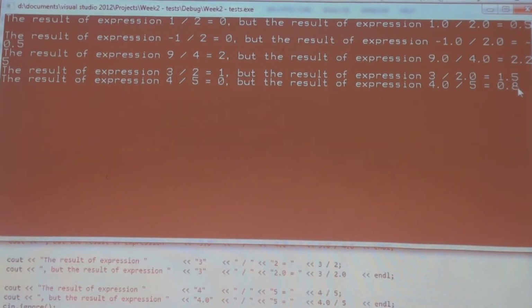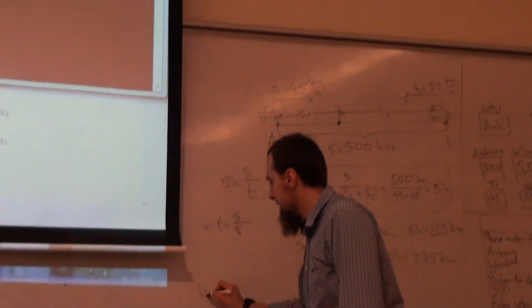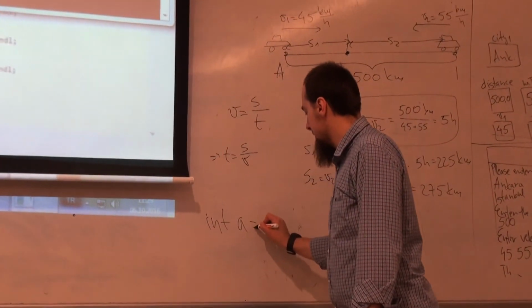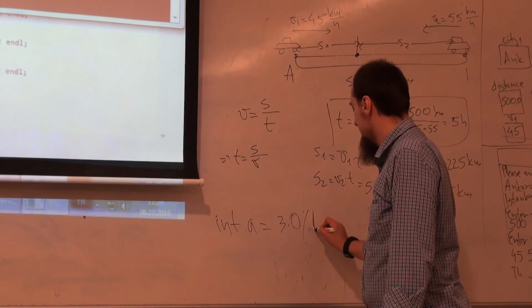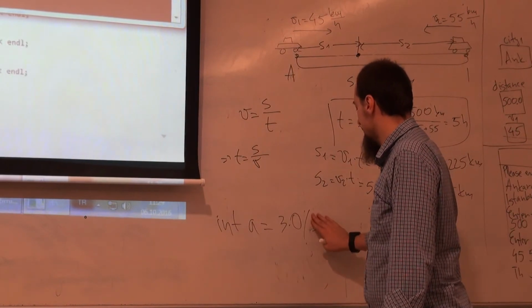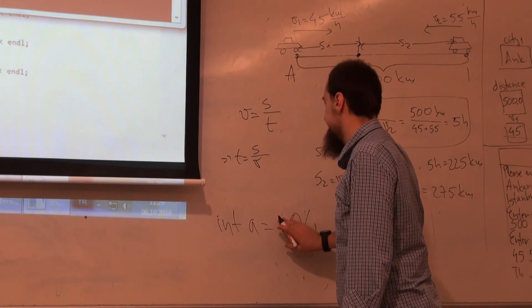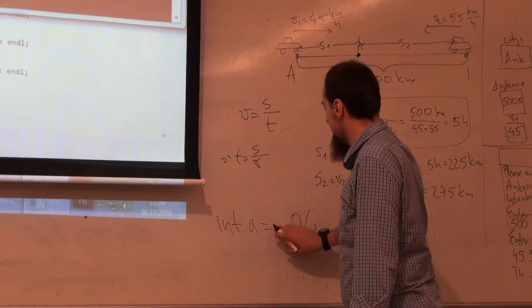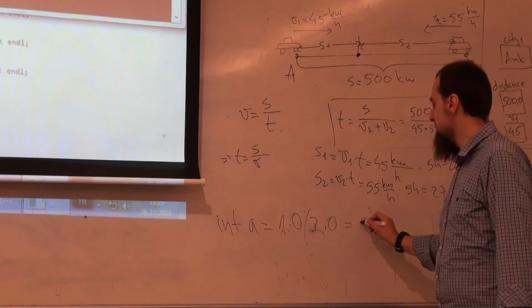But, okay. Sometimes you might have something like this. A is equal to 1.0 divided by 2.0, and this will be 0.5.